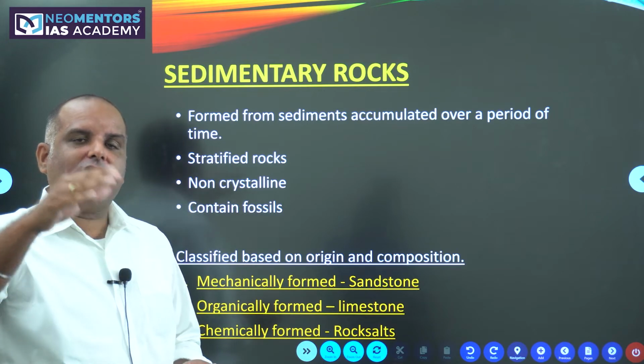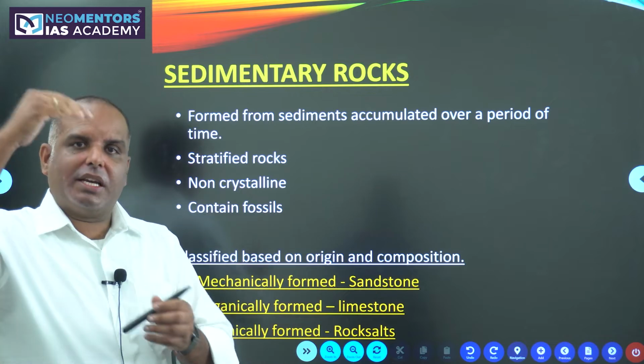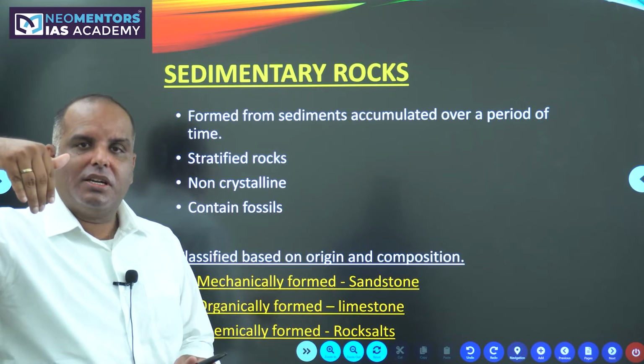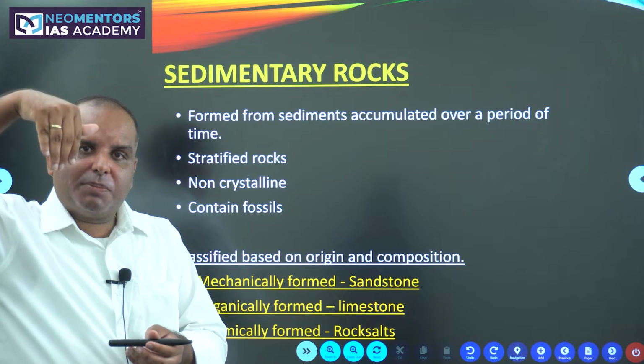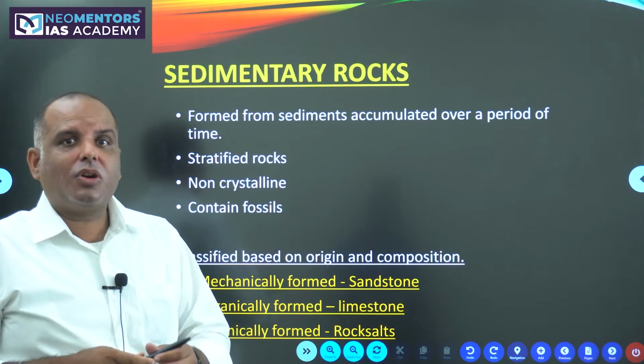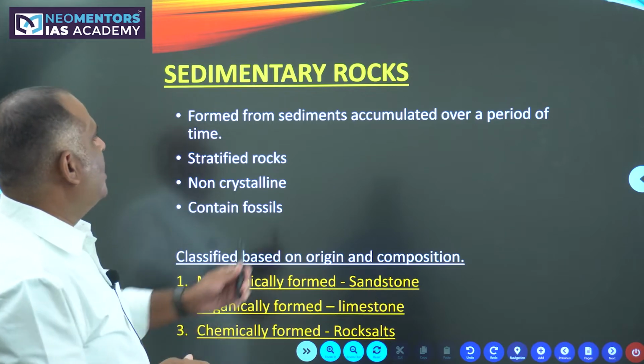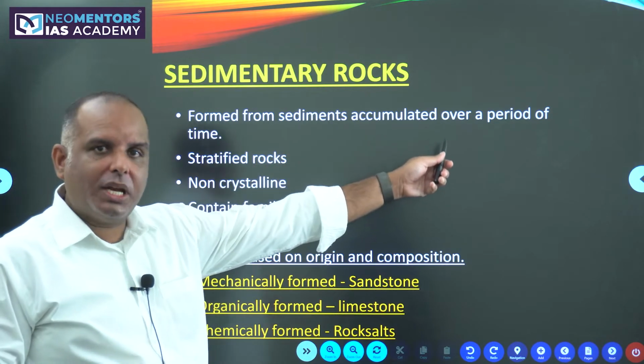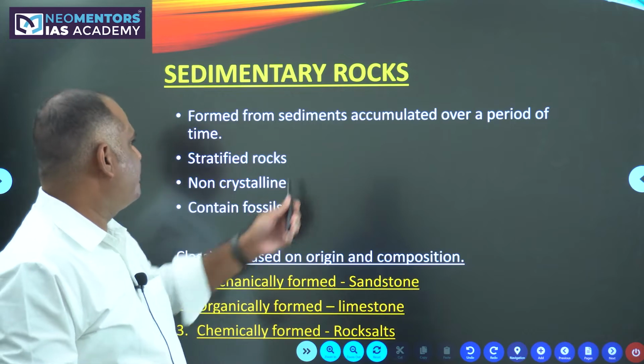If it continues for a larger period of time, the overlying materials increase the pressure, right? And if the pressure increases, this sediment starts crystallizing into a rock. That is called a sedimentary rock, formed from sediments accumulated over a period of time.